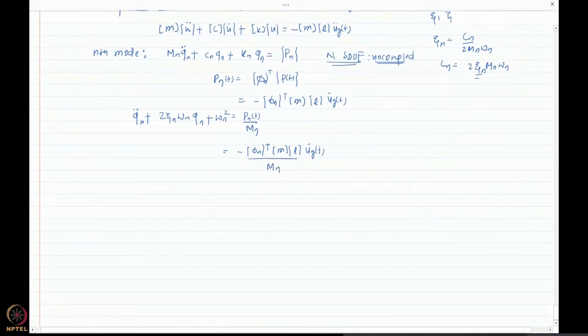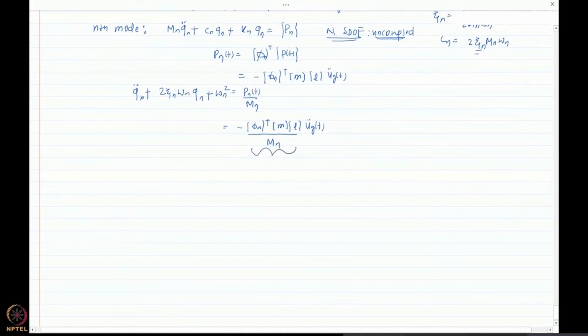And if you remember, this is gamma n, which is also called the modal participation factor.